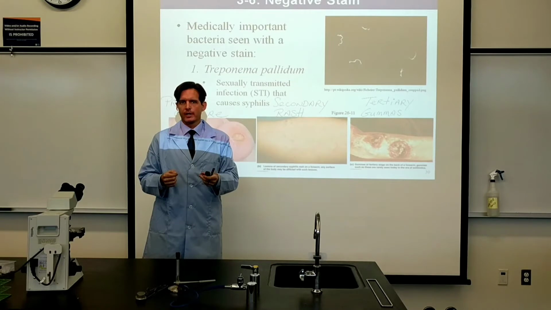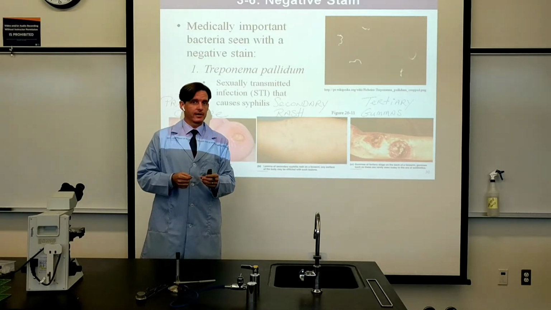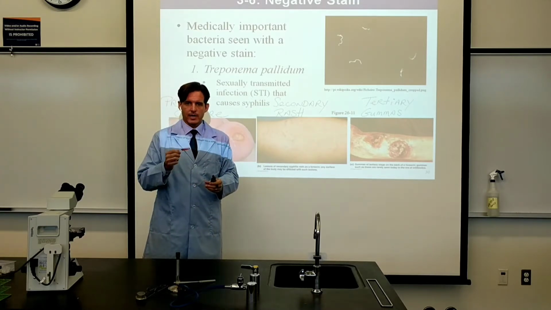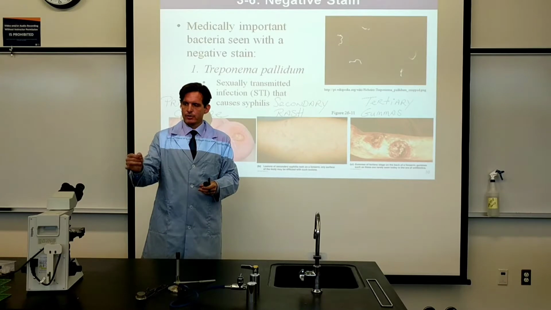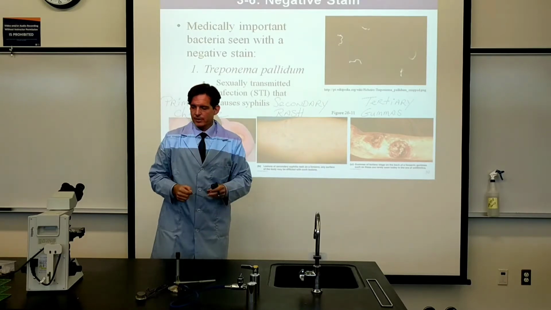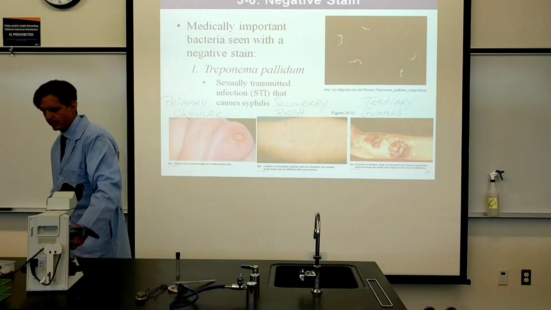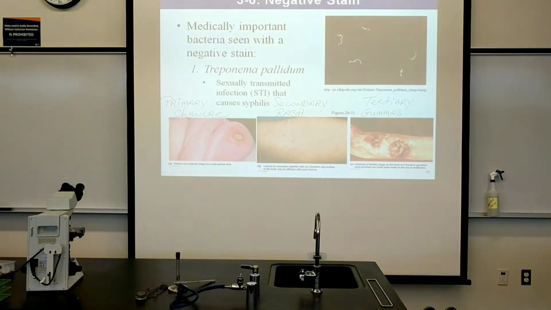So there's a correlation, but the causation isn't known as far as I understand from the research so far. So I'm going to go ahead and pause the camera and show you guys a view of a negative stain through the microscope.